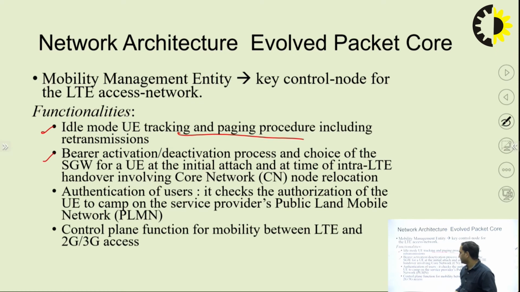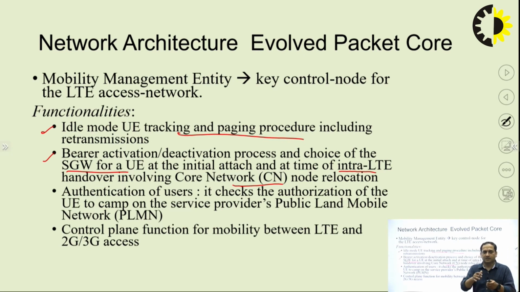Bearer activation and deactivation processes occur, and there is the choice of the serving gateway for the UE at the initial attach and at the time of intra-LTE handover involving the core network. When there is a handoff within the LTE network, it is an intra-LTE handover.